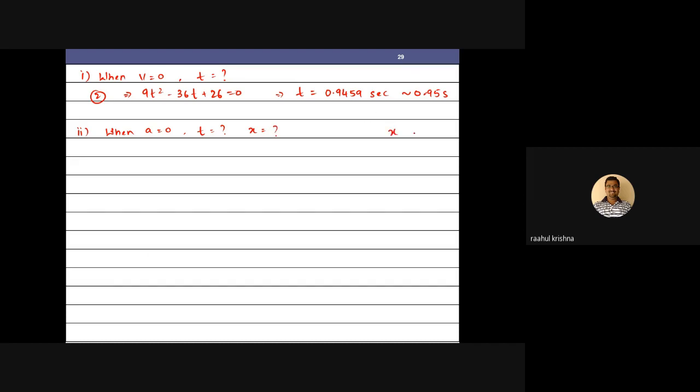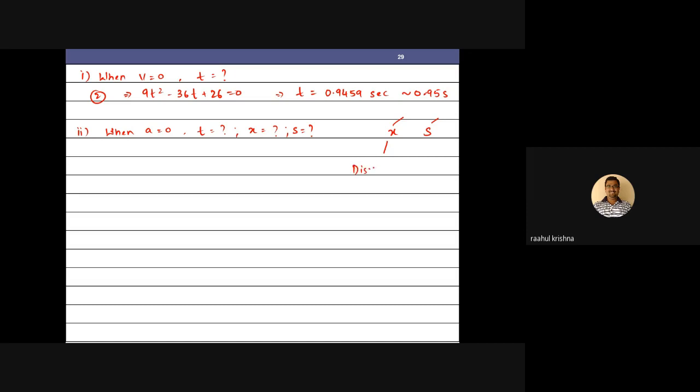Can you tell me what is the difference between x and s? What is x and what is s? X is a position and S is a displacement.